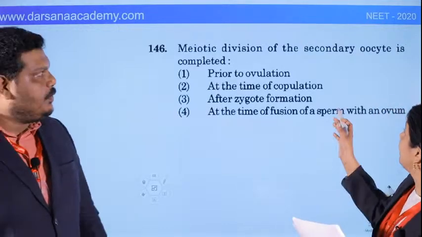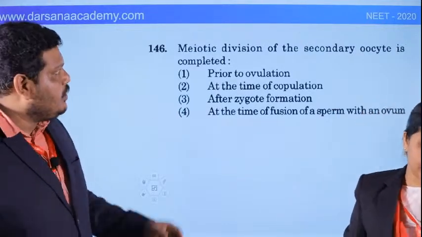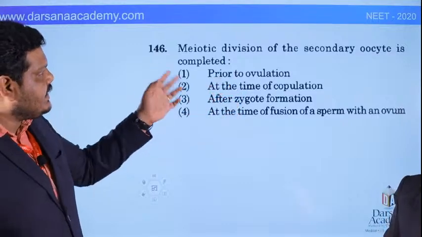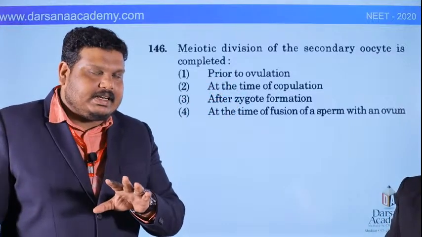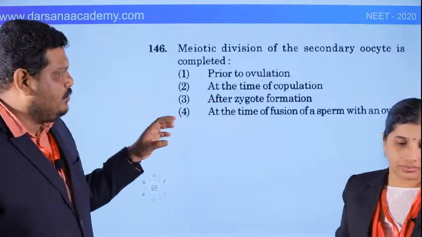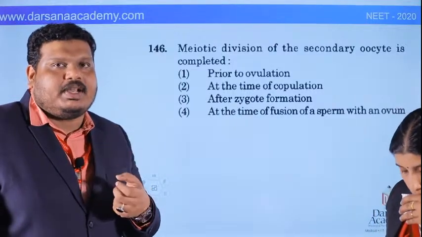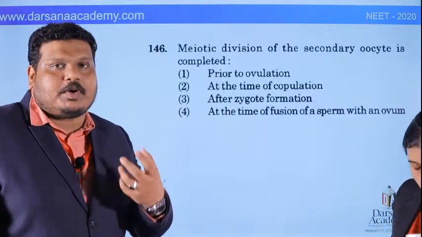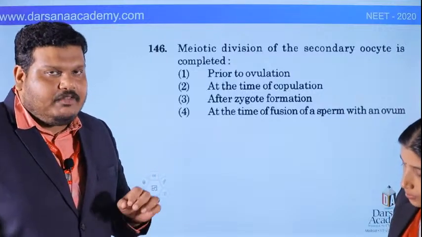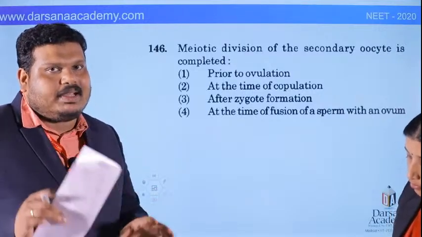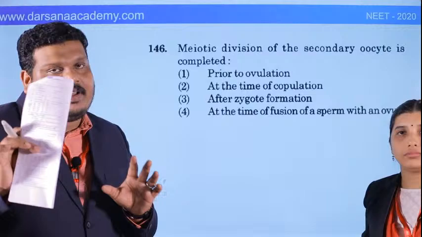So this is a question from reproduction, about when the meiotic division of the secondary oocyte is completed. This is a simple question, but most of them don't know exactly what is happening in the female body. We think that in ovulation the ovum is produced, but not exactly. The formation of the ovum needs a male gamete.